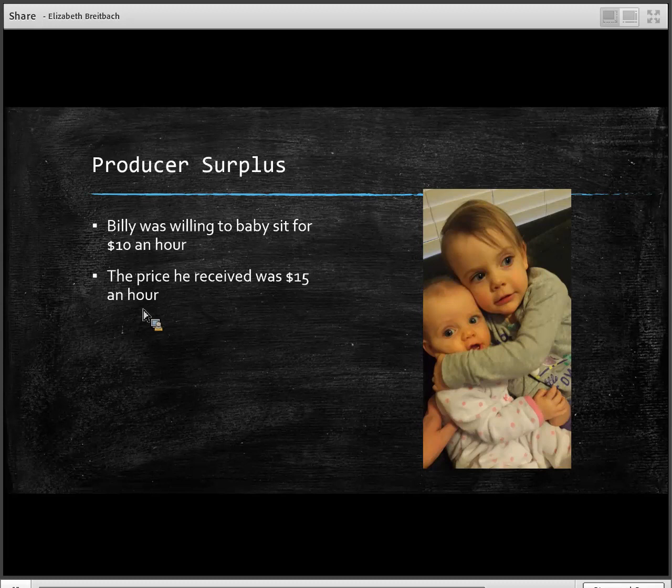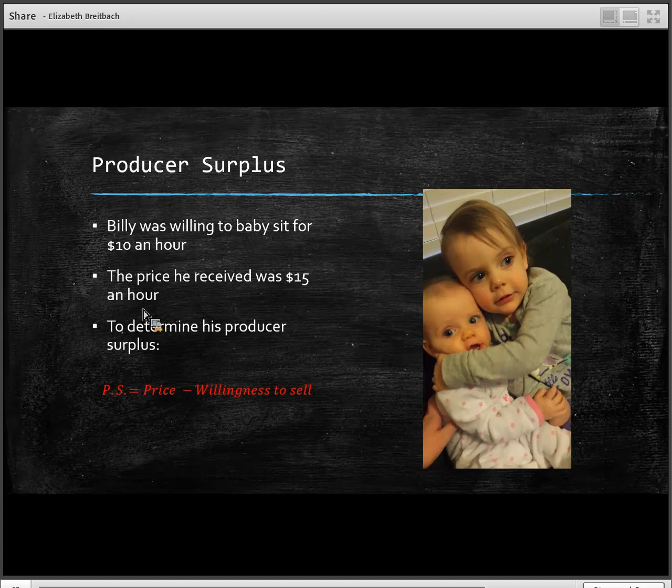He's extra happy because he gets paid $15. He likes to get paid more, right? When he's producing a product, he wants to be paid the most possible. And so since I'm paying $15, we're imagining that's like the equilibrium price. So he's receiving $15. He would have done it for $10.